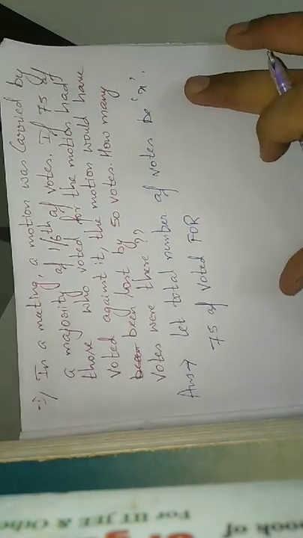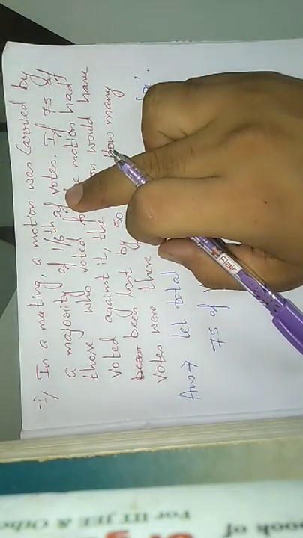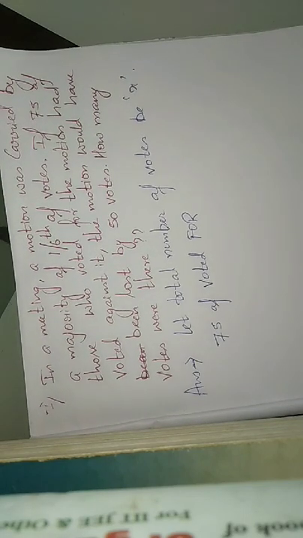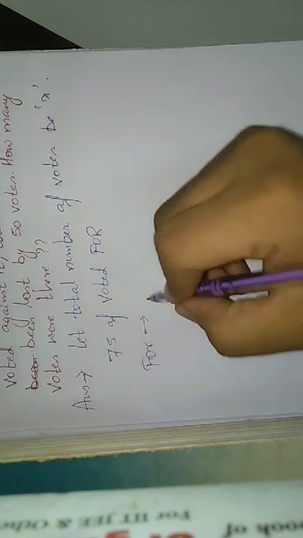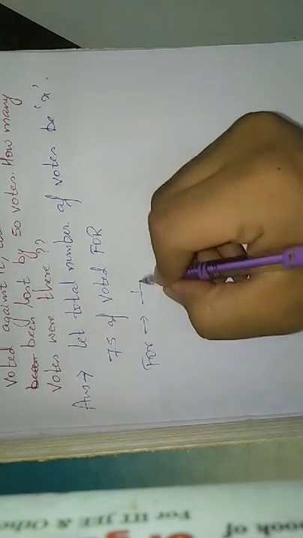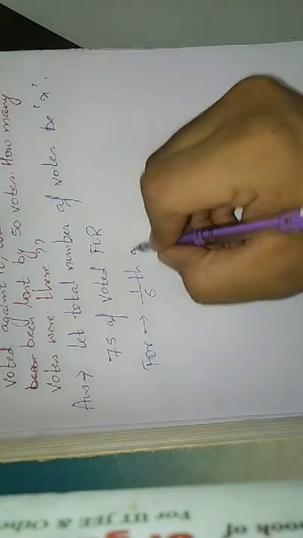But they are saying one thing, that in a meeting the motion was carried by a majority of 1/6 of the votes. So 1/6 of the people voted for the motion. Okay, and the decision was made. So 1/6 of the votes were for. In for, it was 1/6 of the total vote.